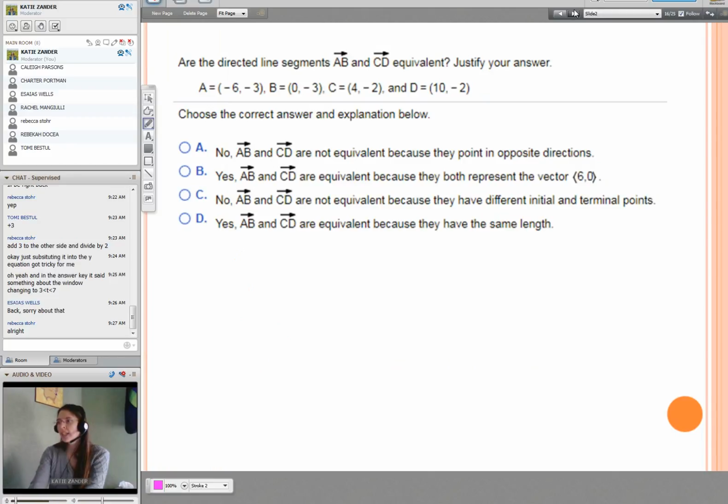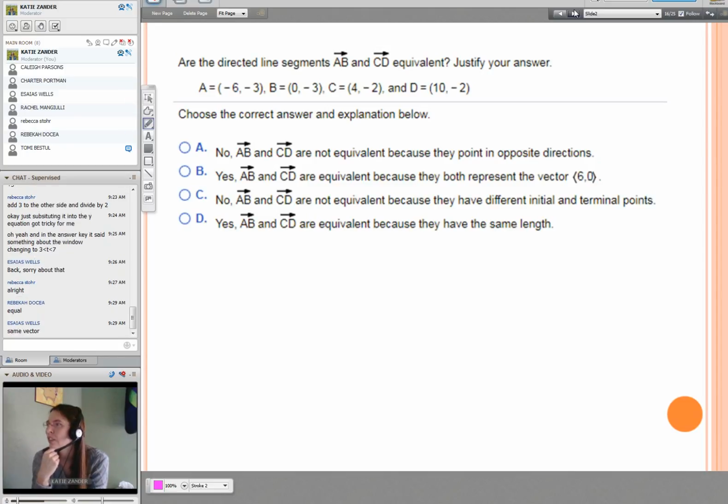All right, so the first thing here, it says, are the directed line segments AB and CD equivalent? Justify your answer. So first we're looking for a yes or no, they are equivalent, and then how do we know? First of all, what does it mean to be equivalent? You guys remember back from 6.01, how can we tell if two vectors are equivalent?